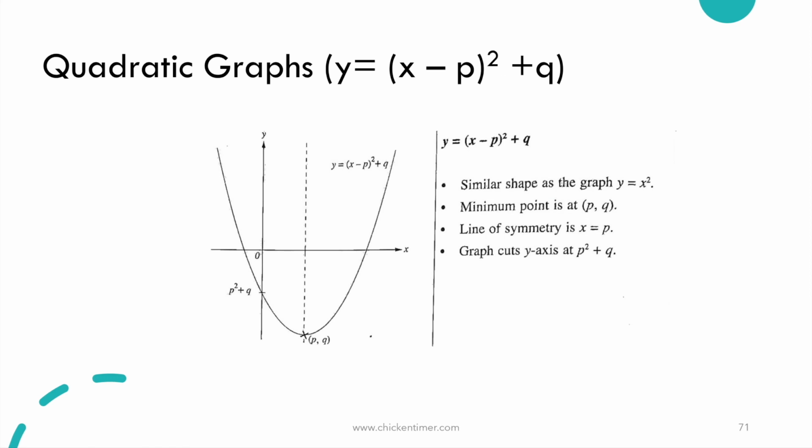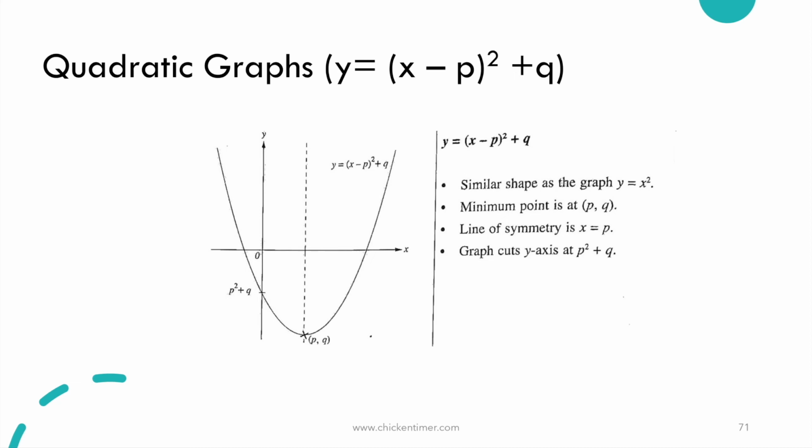So this is one of the popular questions where they make you complete the square of a quadratic equation, then after that draw that graph. If a graph is in the format of x minus p squared plus q, it will have a smiley face because the coefficient of x squared is positive.